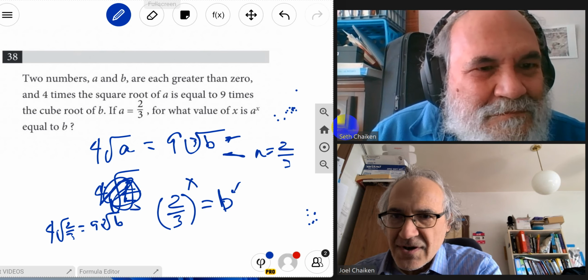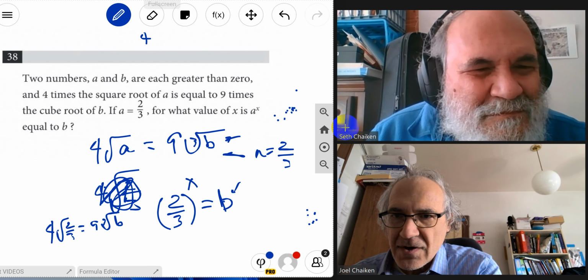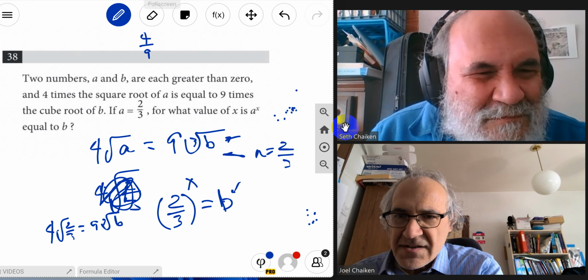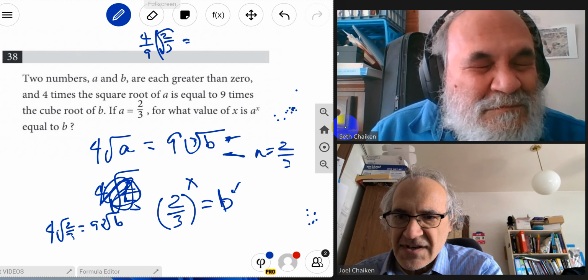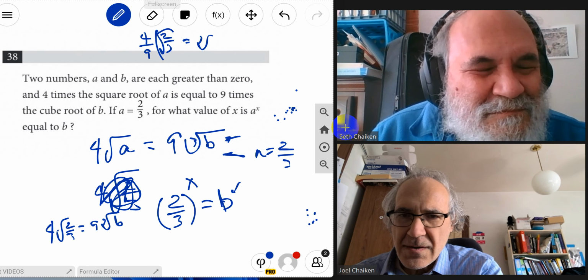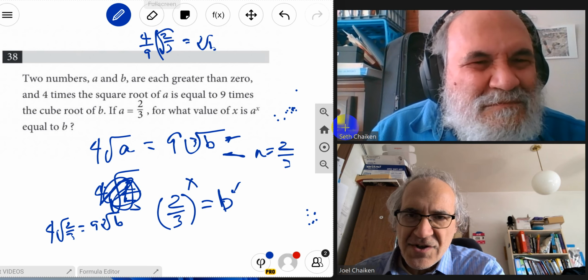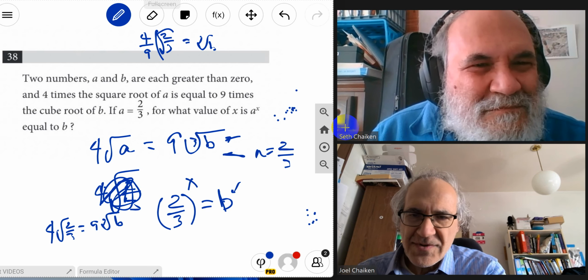Okay, I'm going to go up here. 4 over 9 times the square root of 2/3 is equal to the cube root of B. So what we're going to do is cube both sides.